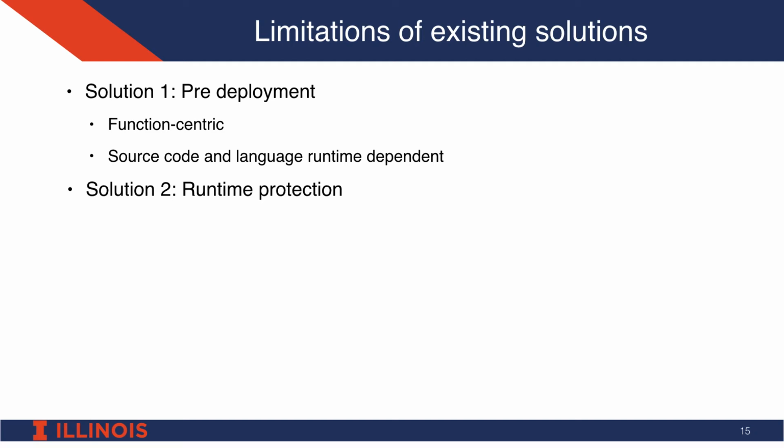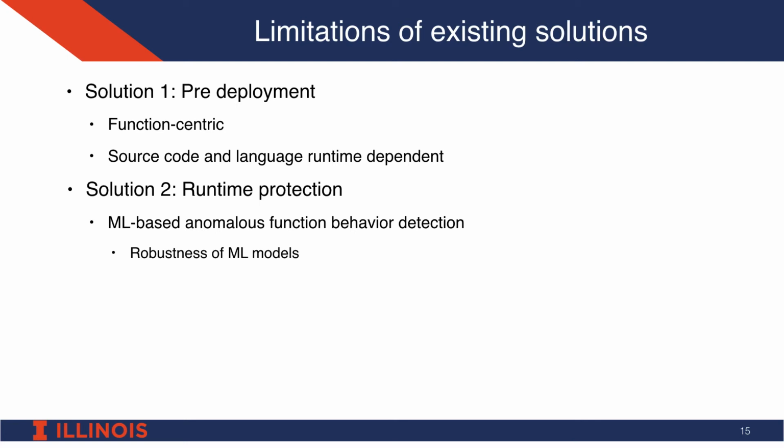Another type of solutions employ runtime protection mechanisms. One of these is machine learning based detection of anomalous function behaviors. But the success of this solution will depend on the robustness of the machine learning models.